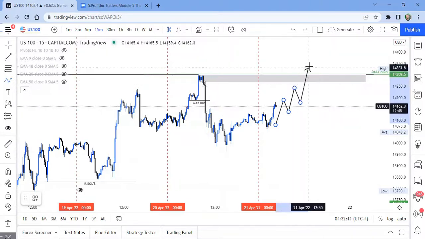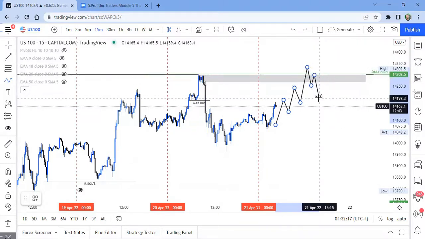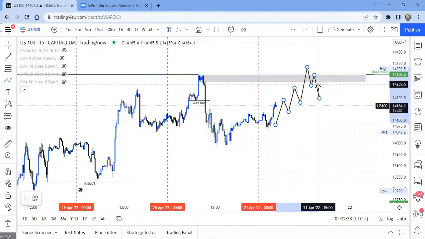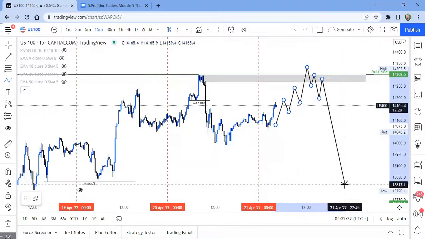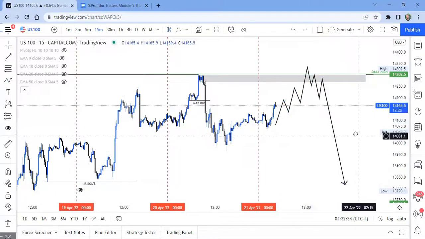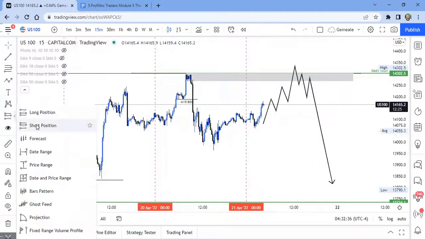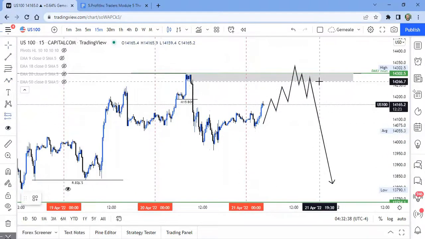We're looking for price to pierce through them. And once we see that, we're simply looking for a shift, and for the price to return back to this level here. You could find another order block there or wherever the lower high is. We're simply looking for something like that and targeting those lows there. Very simple, guys.